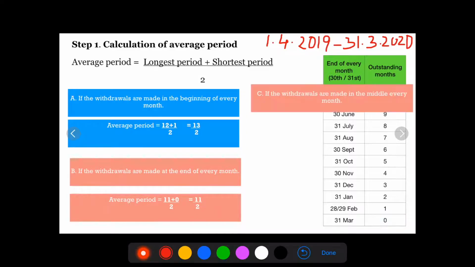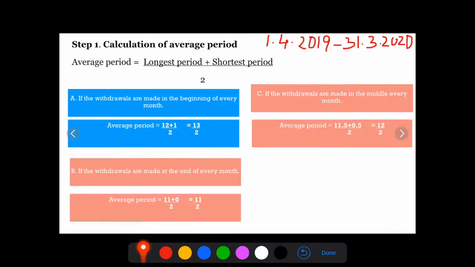Yes. If the withdrawals are made in the middle of every month, it is like this: 15th of April, 15th of May, 15th of June. So, mid is 15th. The outstanding months for 15th April is going to be 11.5.